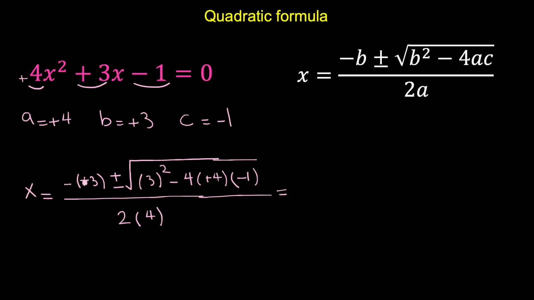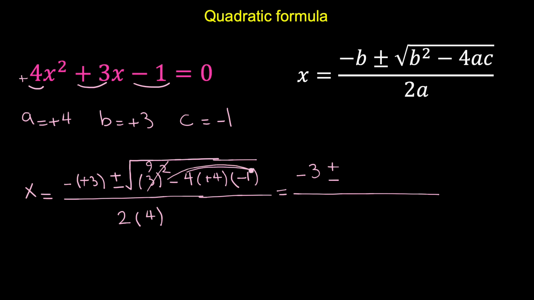Minus times positive equals minus 3, plus or minus 3 squared equals 9, and minus 4 times positive 4 times minus 1. Minus times positive equals minus, minus times minus equals positive. So we have positive, and 4 times 4 equals 16.